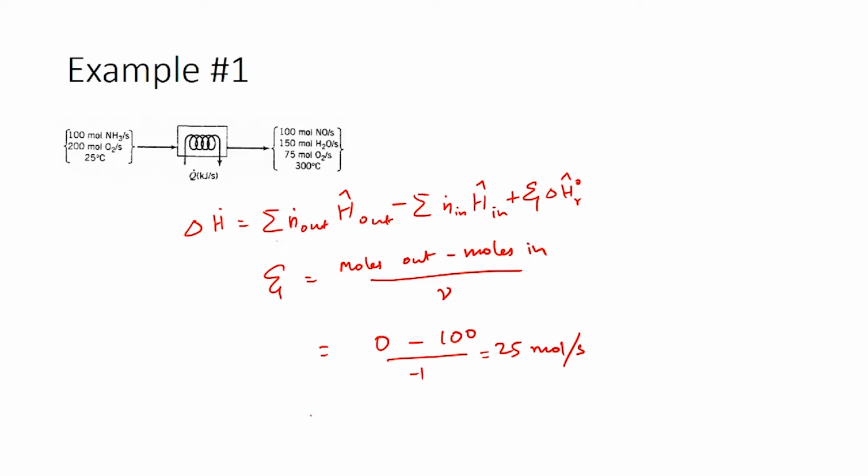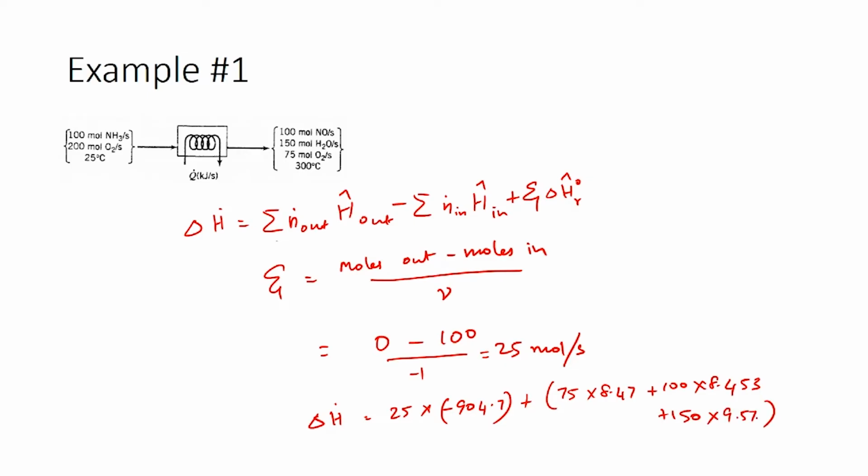So, you can substitute these values here and you would be able to calculate delta H dot as 25 times minus 904.7, which is basically the xi times delta HR degree, plus 75 times 8.47 plus 100 times 8.453 plus 150 times 9.57, and the other two terms are going to 0. So, you would end up with delta H dot equals minus 19,700 kilojoules per second.